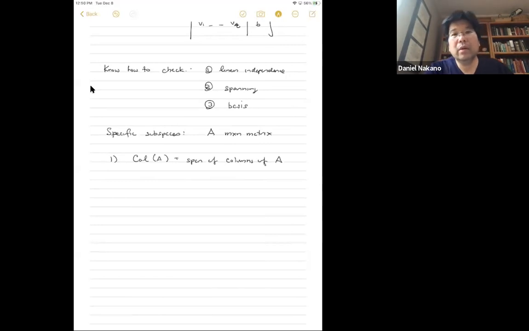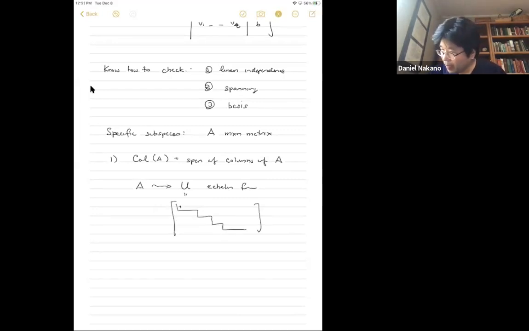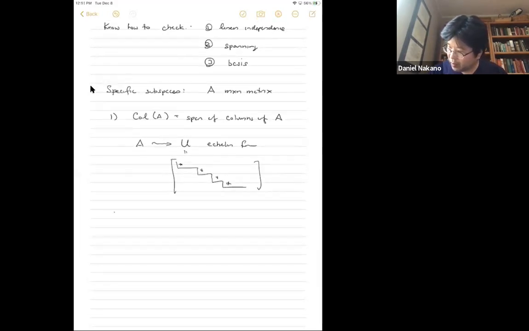All right. Now, what we did was we actually gave a procedure for finding a basis for the column space. So how did we do that? Well, we took A and transformed it into the upper echelon form. So this is in the echelon form, and it can look something like this, right? And we located the pivots.